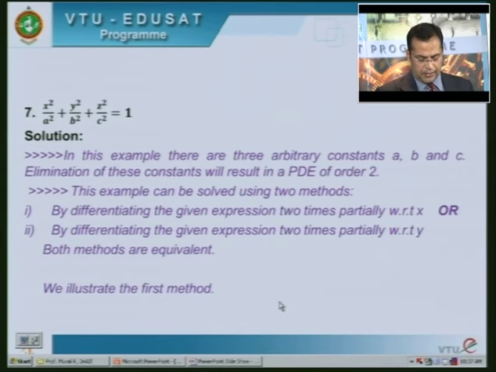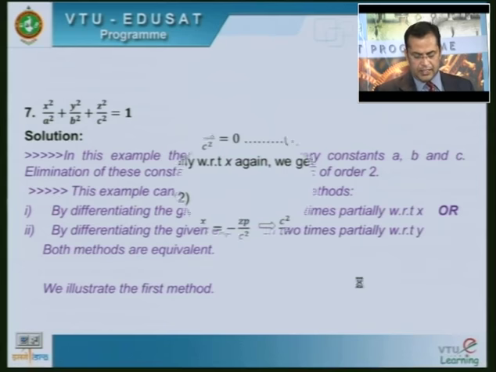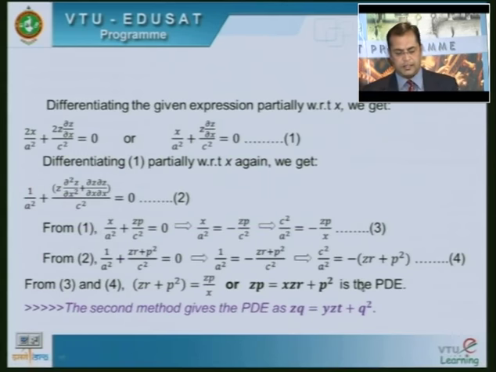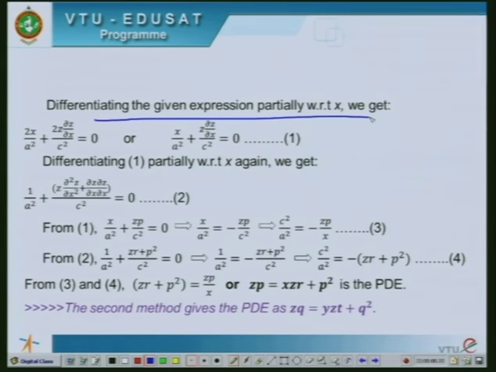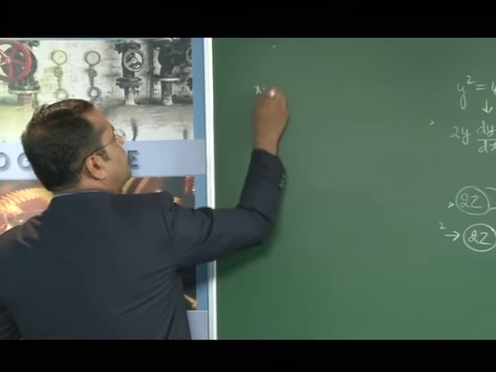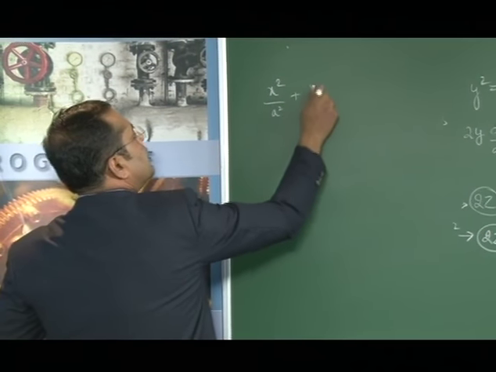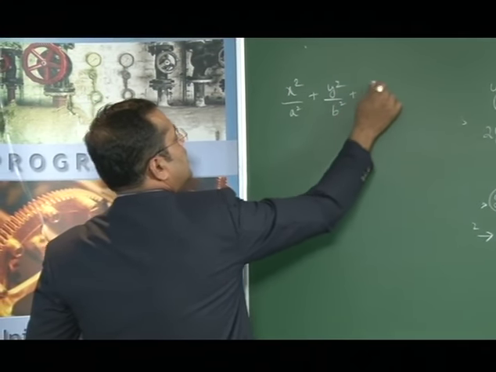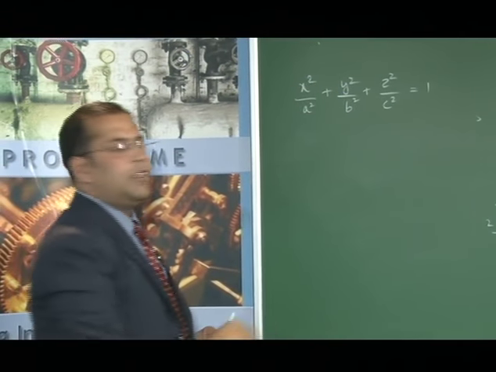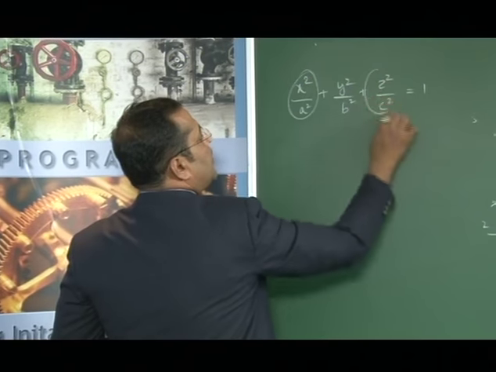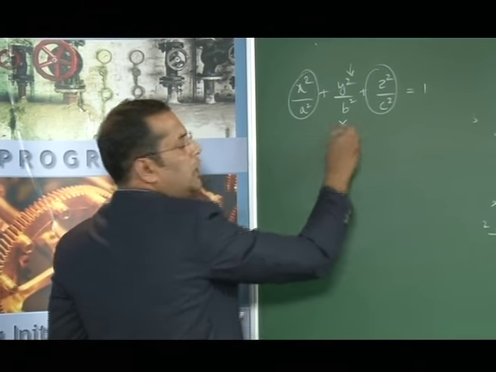First method, in the sense, by differentiating the given expression twice with respect to x. So, differentiating the given expression partially with respect to x. Observe, it is x square by a square plus y square by b square plus z square by c square equal to 1. When I differentiate partially with respect to x, I will differentiate only these two terms. y is a constant which will be 0.